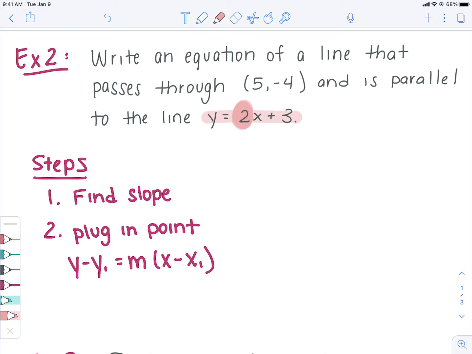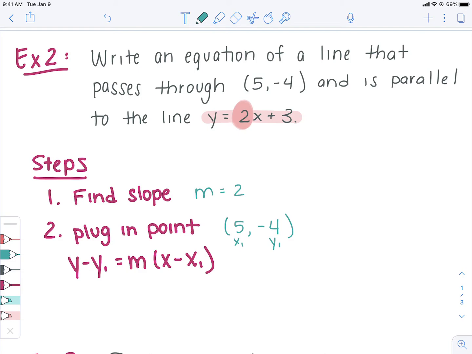So even though they didn't specifically say the slope of the parallel line is 2, they told us an equation. We can look at the equation and pick out the slope. So we know our slope is going to be 2, and then we just want to use the point that they gave us, which was (5, -4), and we're going to plug this in for our x1 and our y1.